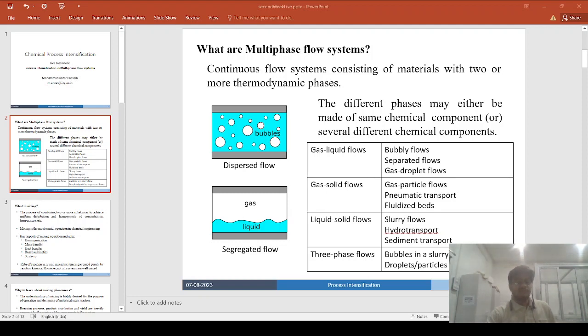Now, why intensification from macro to micro? Another significant difference between the macro and micro reactor environments is the surface area to volume ratio, which I have discussed just now. The surface area to volume ratio of the microstructure is very high. The surface effects are likely to dominate over the volumetric effects. So surface effects like surface tension, heat and mass transfer. Heat and mass transfer are heavily surface area dependent phenomena.